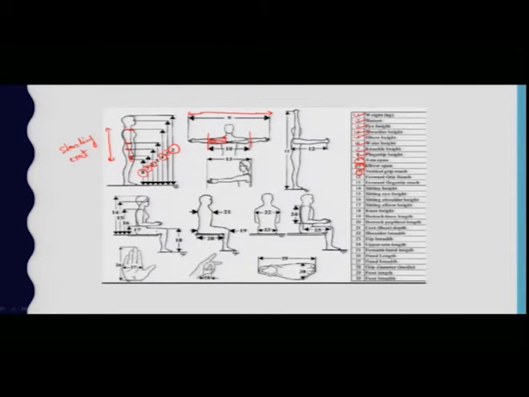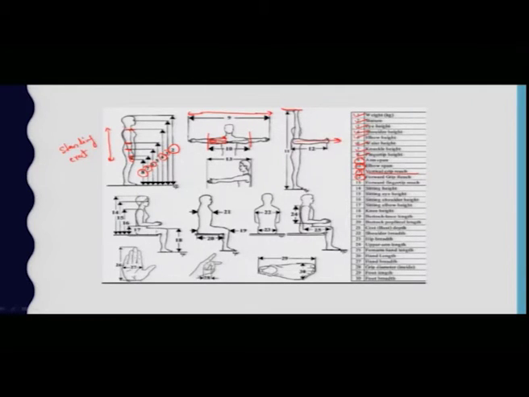11 is the vertical grip reach. So in a vertical condition, if you are stretching your hand, the topmost point up to which your hand can be stretched out, from that point to the floor is known as vertical grip reach. In a similar way, the forward grip reach is also defined.